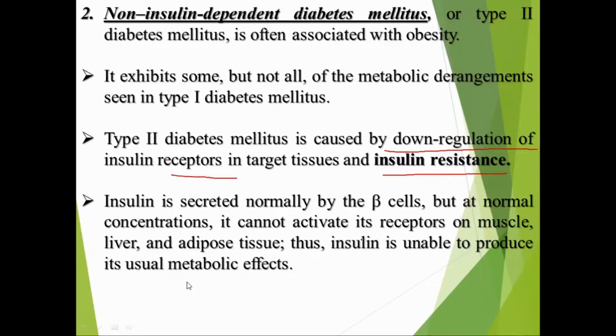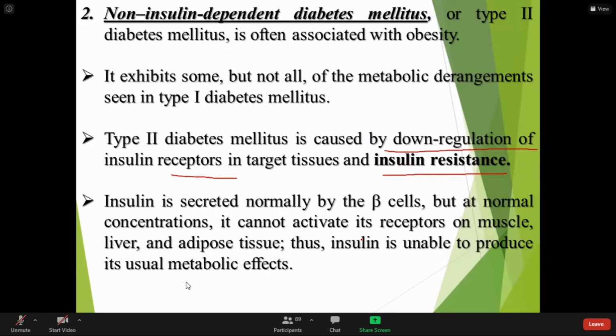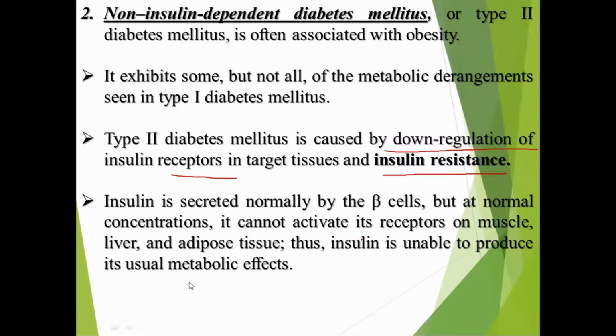So whatever we have talked till now about many hormones, whichever hormones we have talked about, we have seen that to show its action, these hormones need to bind to the receptor, and then this hormone receptor complex is formed, which initiates the second messenger system, and then their actions are shown.